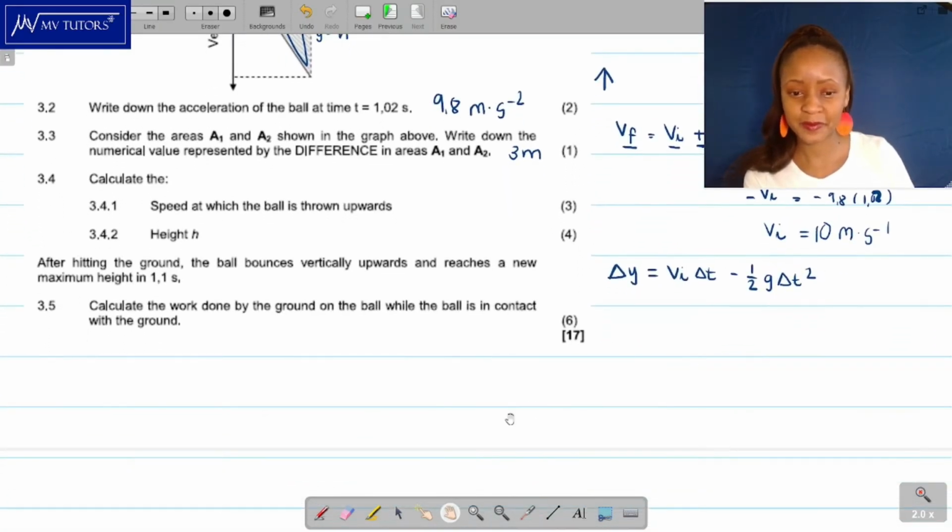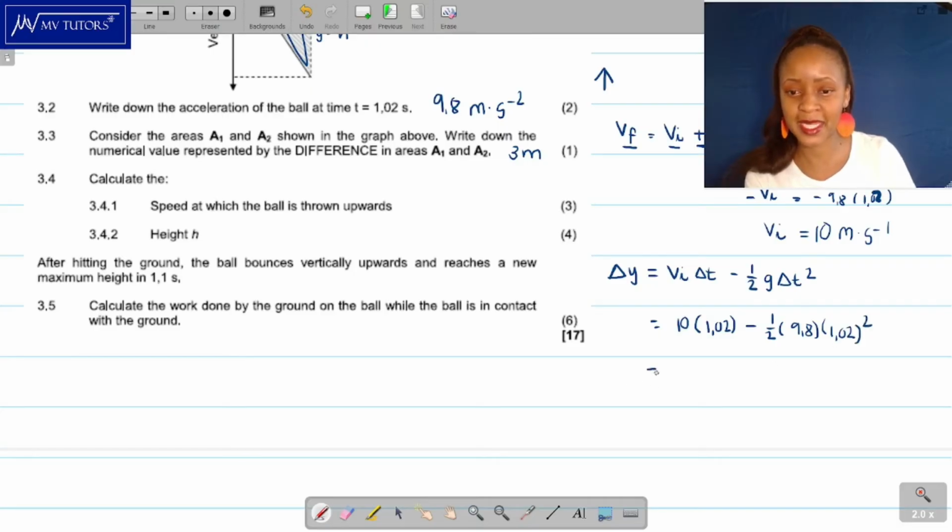Now we know that our initial velocity is 10. We just calculated it. We know that it reaches its maximum at time 1,02. We have 9,8 there, again 1,02 squared.